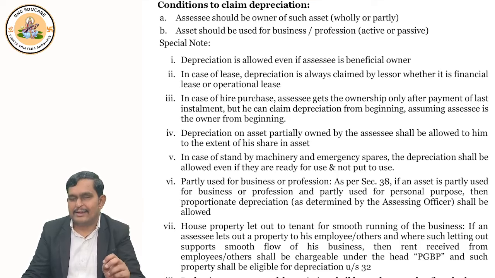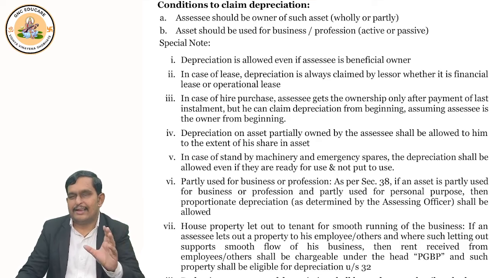Some special points are there which you all should know. First point, beneficial owner, which I just discussed. Second point, suppose a lease agreement is there. There is a lessor who is the owner, and there is somebody called lessee. I can use the word tenant for it.